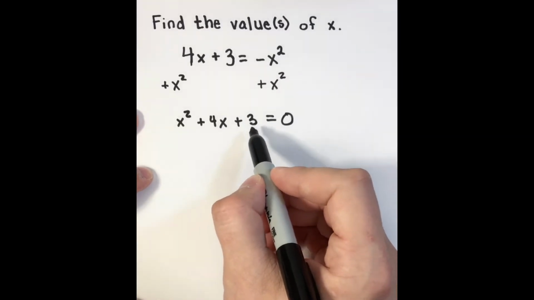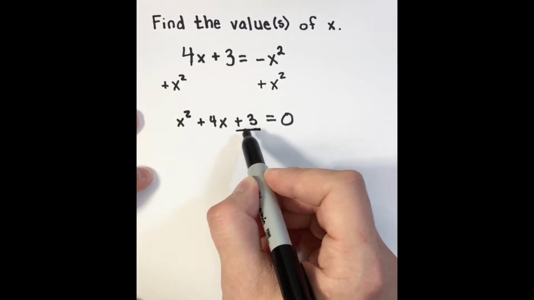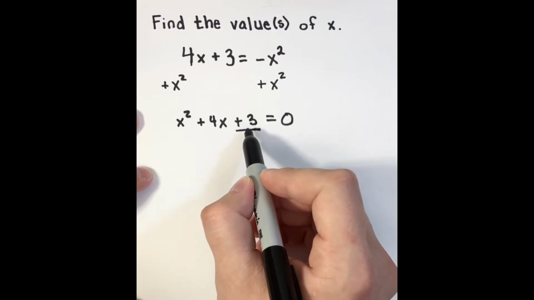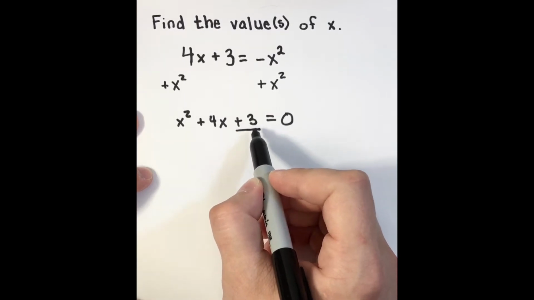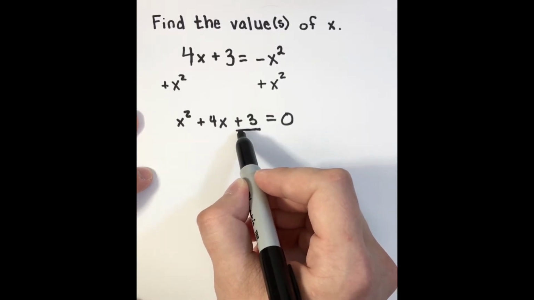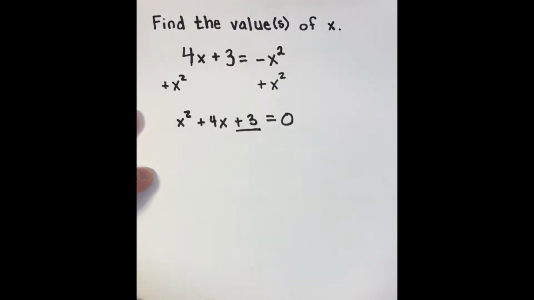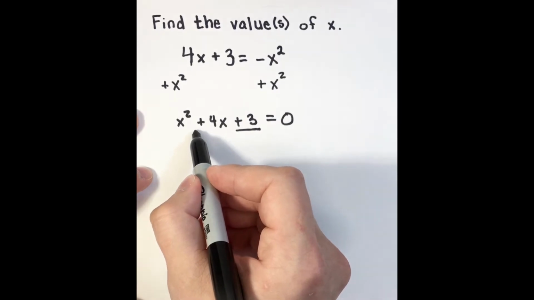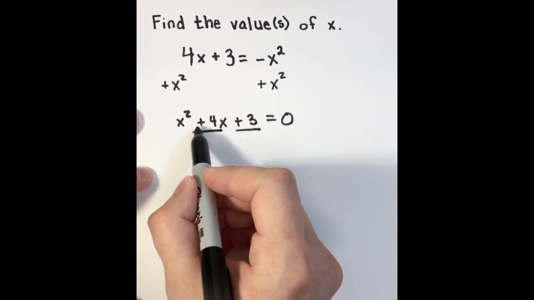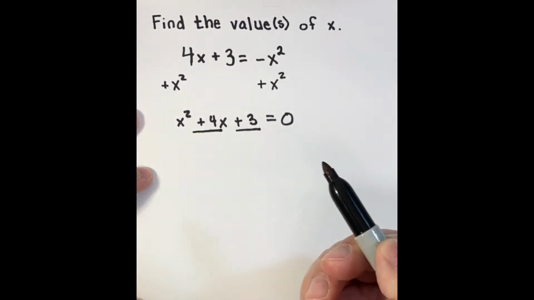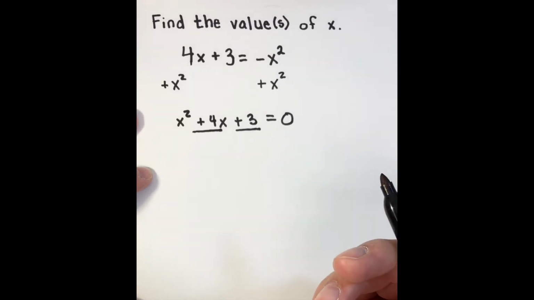You want to find the factors for this number over here. So you want to find two numbers that multiply to give you, in this case, positive 3. That's pretty easy because it's just 3 and 1. And then those numbers have to add up to this number over here, and 3 and 1 adds up to 4.